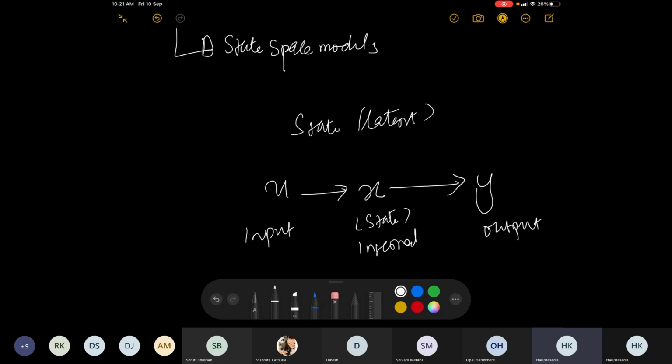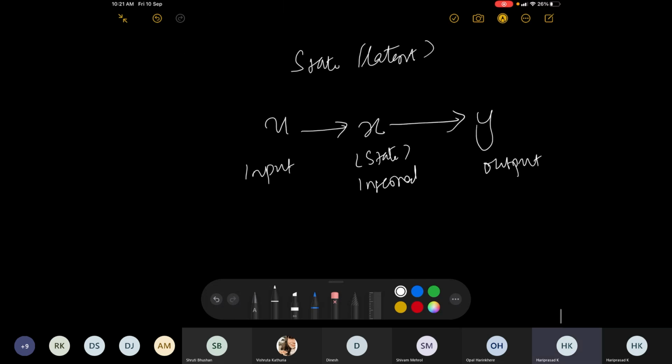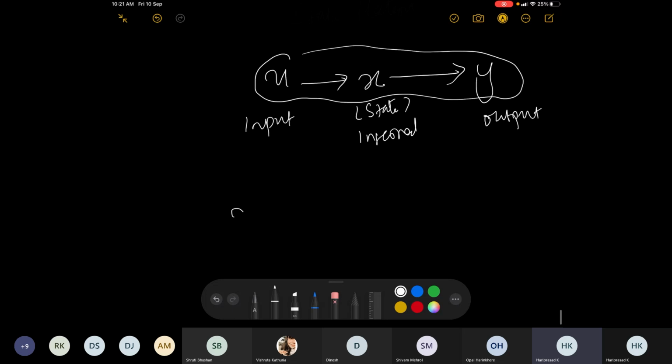But it would eventually manifest in a temperature rise, which you could measure. So to accommodate this sort of framework, the input is internally affecting the state, and the state is affecting your output. So we have seen what is known as the state space model.